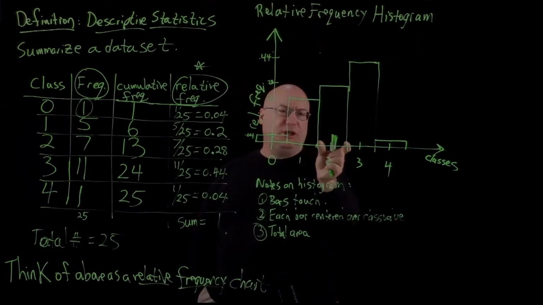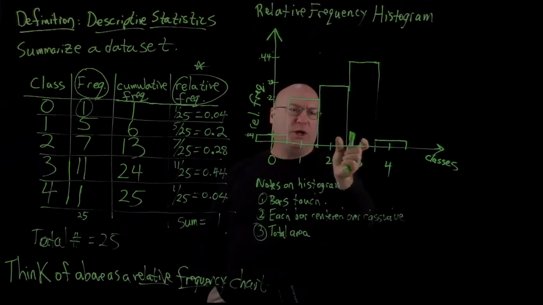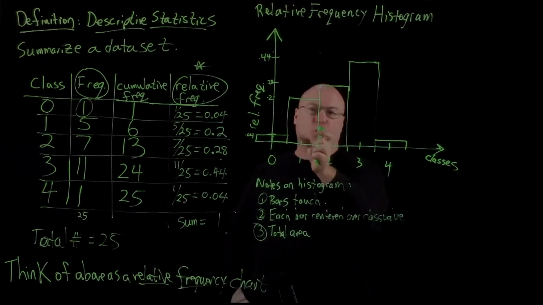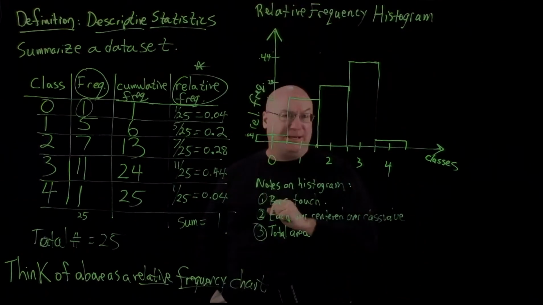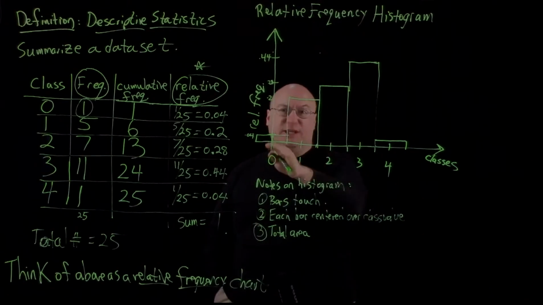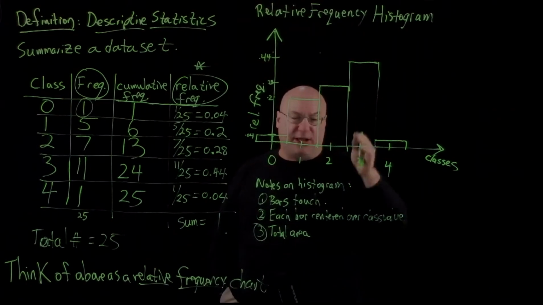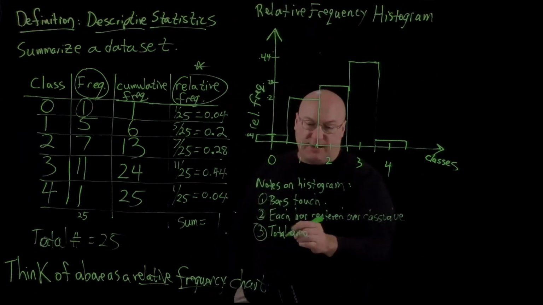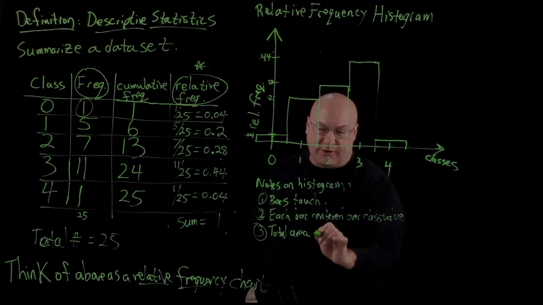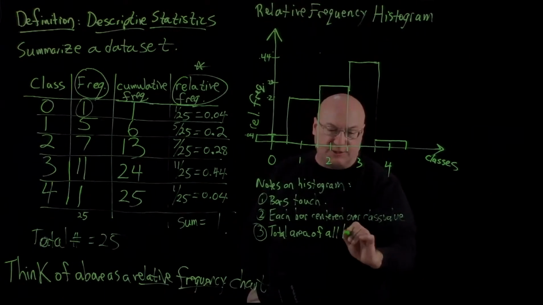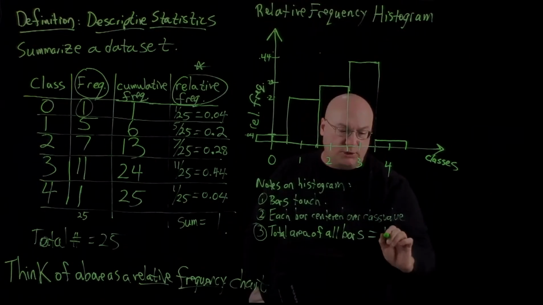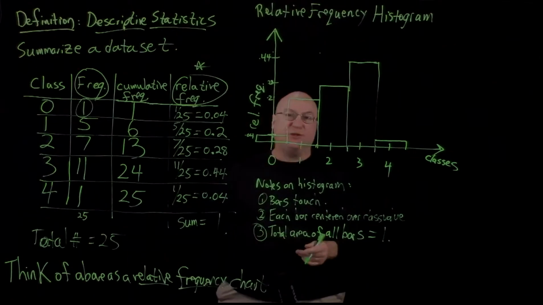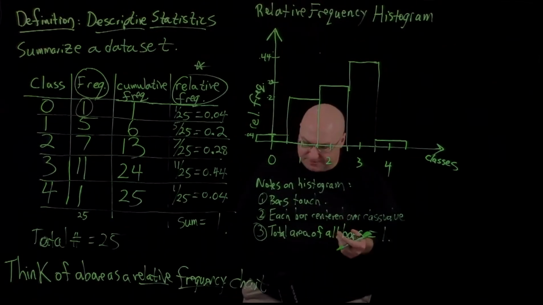It's just 1 unit, isn't it? The way I've drawn them, they're all 1 unit wide, so the area is 1 times the height. So I'm just going to take the height times 1 all the way through to get the areas. So the total area is the same as the total of all these numbers. I'm just multiplying each one by 1. So the total area of all bars equals 1. And this is something we will come back to over and over again.